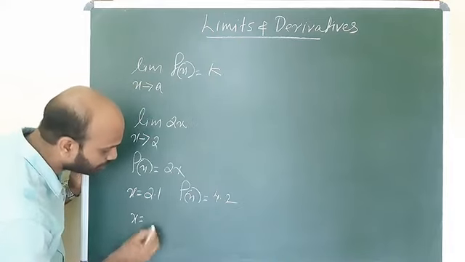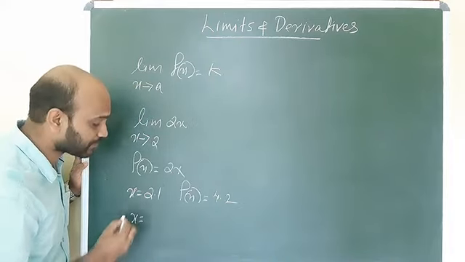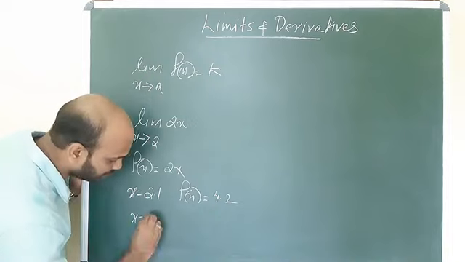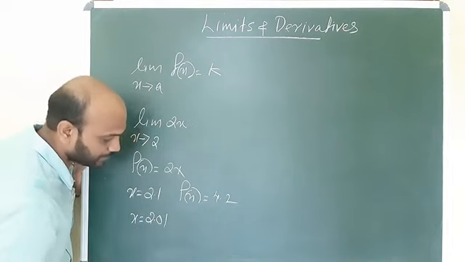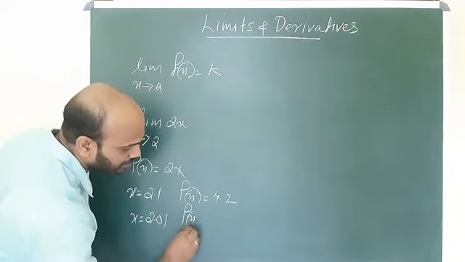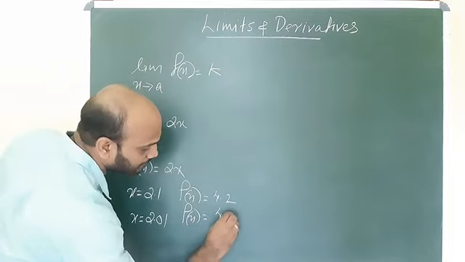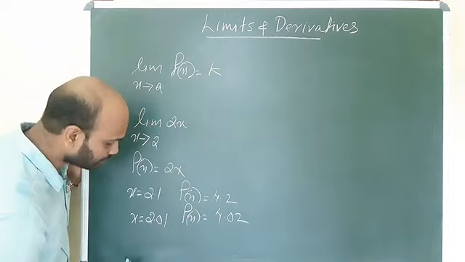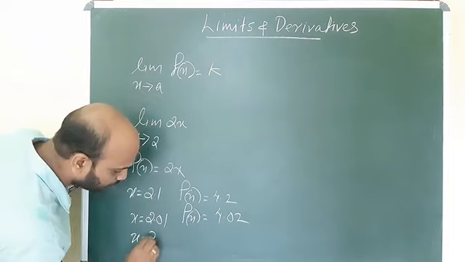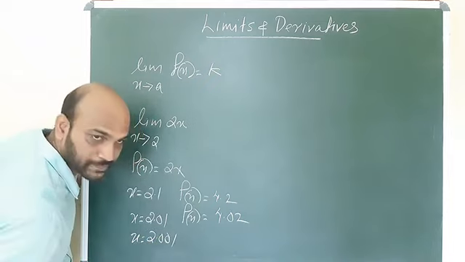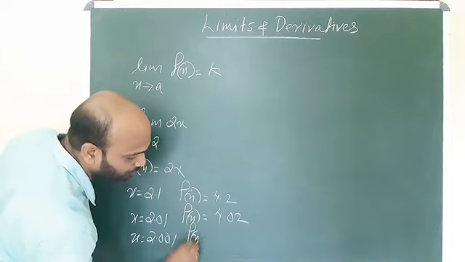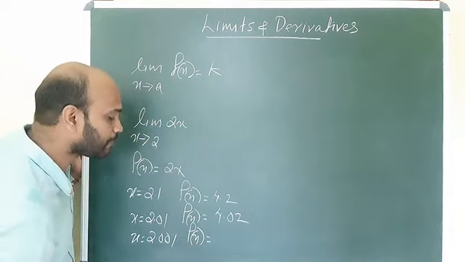Now take one value nearer than 2.1, that is 2.01. And what about f of x? 2 into 2.01, that is 4.02. Let x equal 2.001. So in this case, f of x is equal to 4.002.